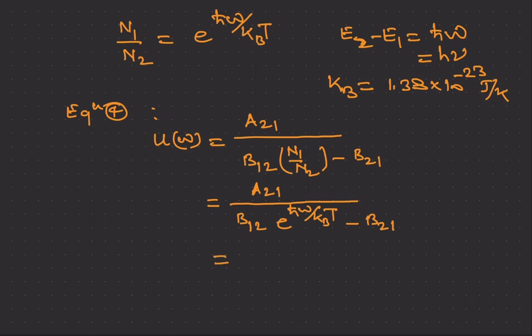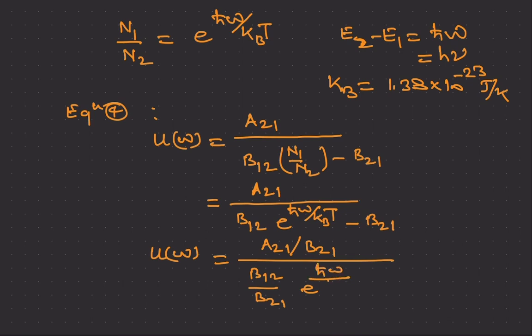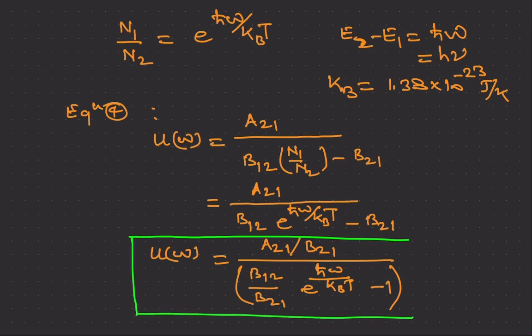That means U(omega) is equal to (A21 divided by B21) whole divided by (B12 by B21) into e to the power h cross omega by k_B T minus 1. So we just divide the equation by B21 in the numerator and denominator, we get this. So this is equation number 5.